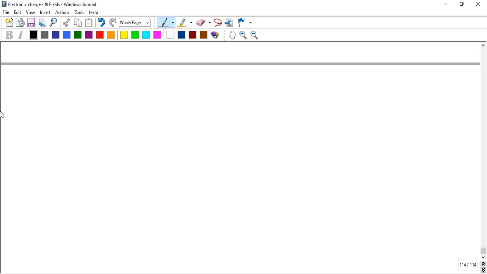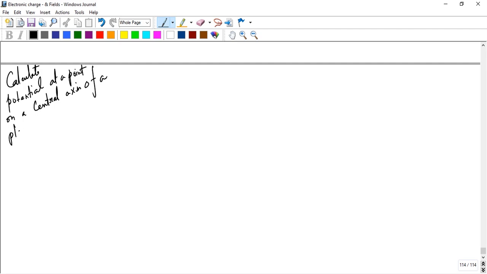So, calculate the potential at a point on the central axis of a plastic disc of radius r.